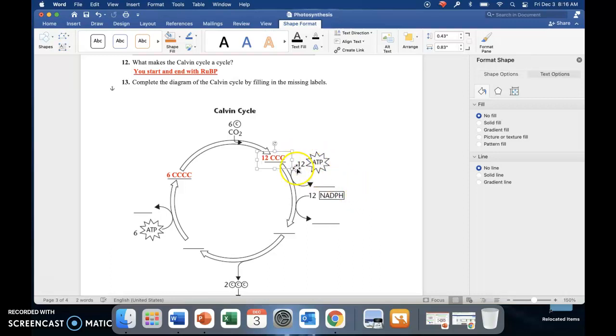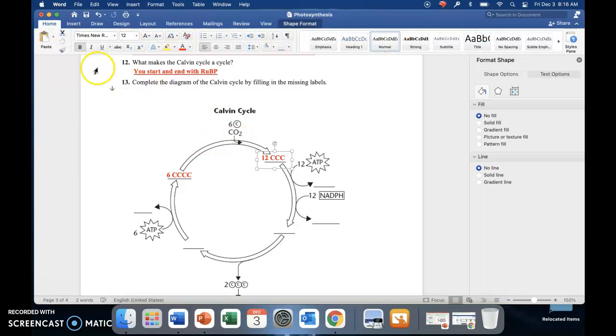So we have 12 ATPs. Again, the ATPs and the NADPHs are providing us with energy. And when that happens, we end up breaking off a phosphate group. So what we get out of it is ADP.